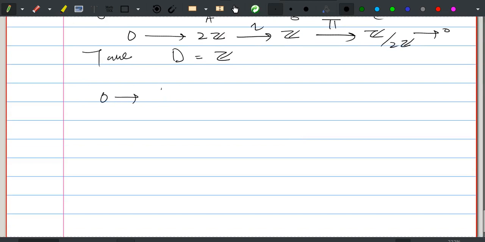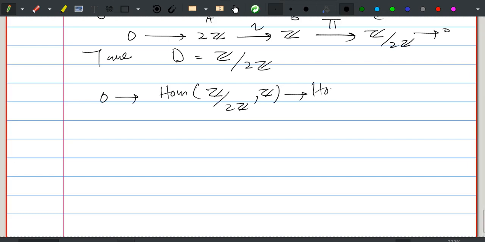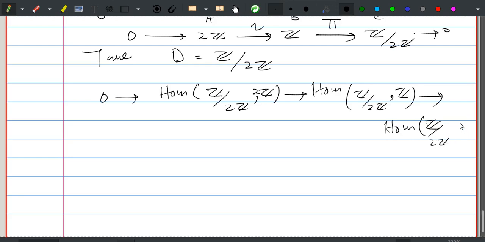So 0 goes to Hom(Z mod 2Z, 2Z), then Hom(Z mod 2Z, Z), then Hom(Z mod 2Z, Z mod 2Z). So this is phi star here, and this is psi star.